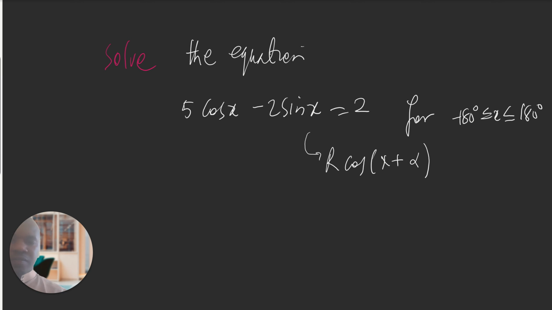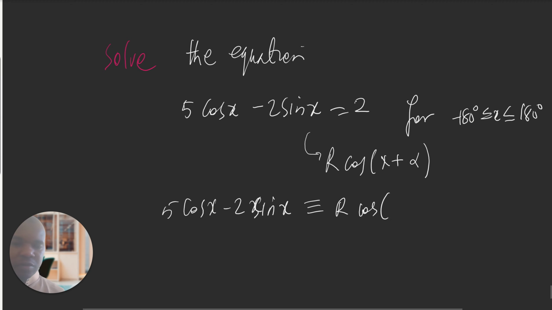So what we do, I'll take 5 cosine x minus 2 sine x and equate this with r cosine x plus alpha.